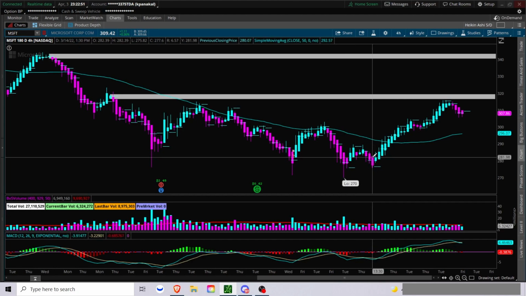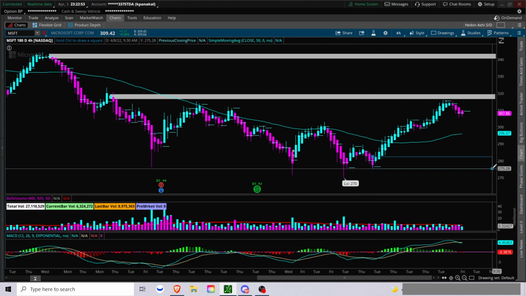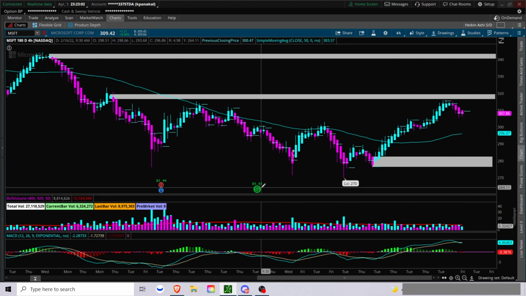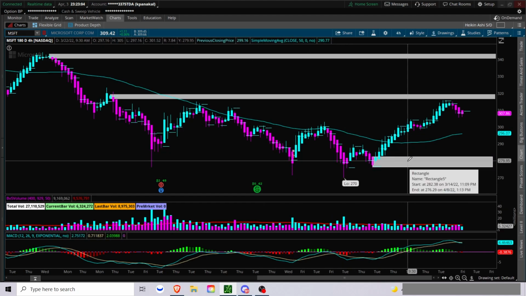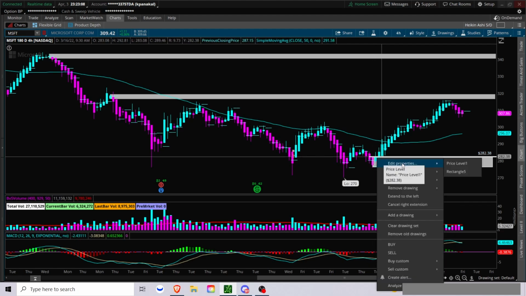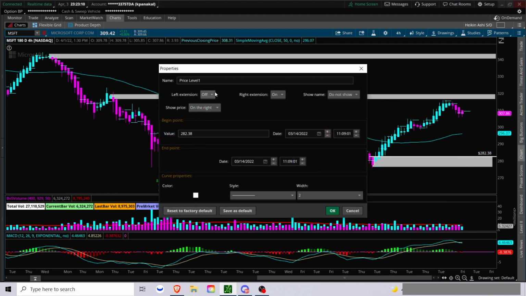Oh. Actually, never mind. Alright, so these are the zones I got. Let me just quickly add the price levels to it so you guys can actually see. So let's edit the properties. This is going to be a demand zone. Chris, check if you have these prices right as well.